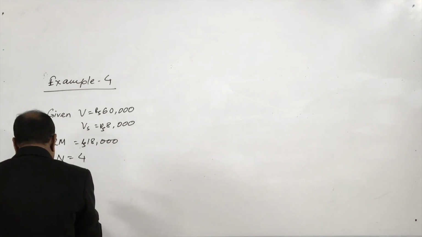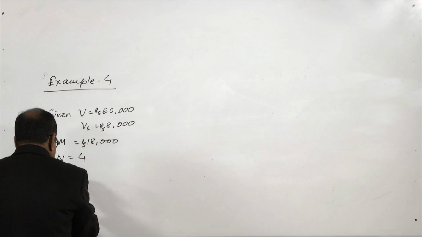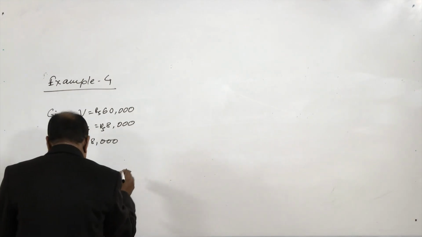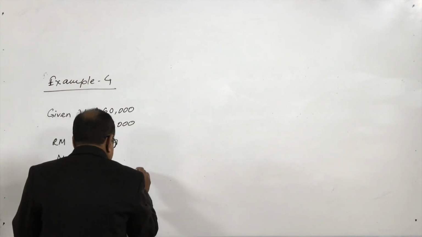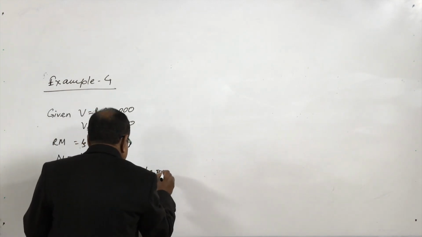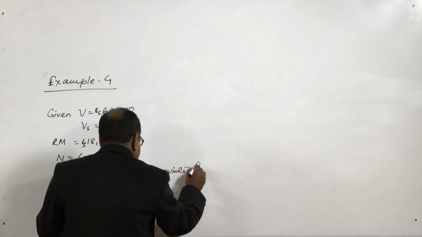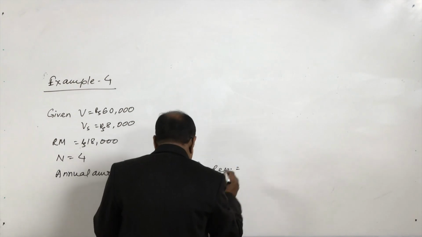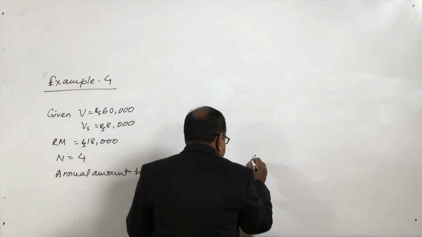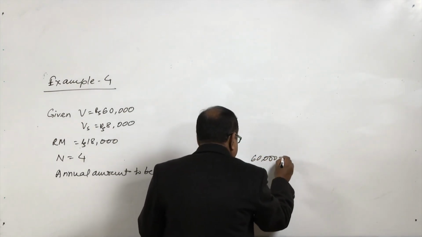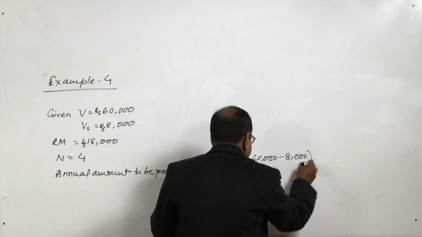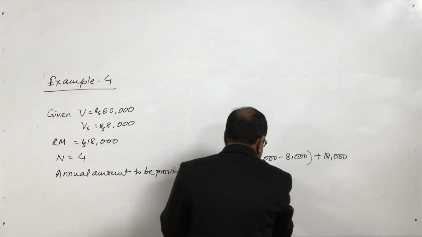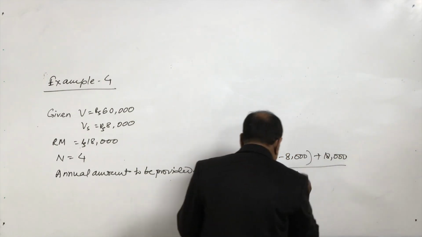Now, the annual amount to be provided for depreciation is equal to 60,000 minus 8,000 plus 18,000 divided by 4.